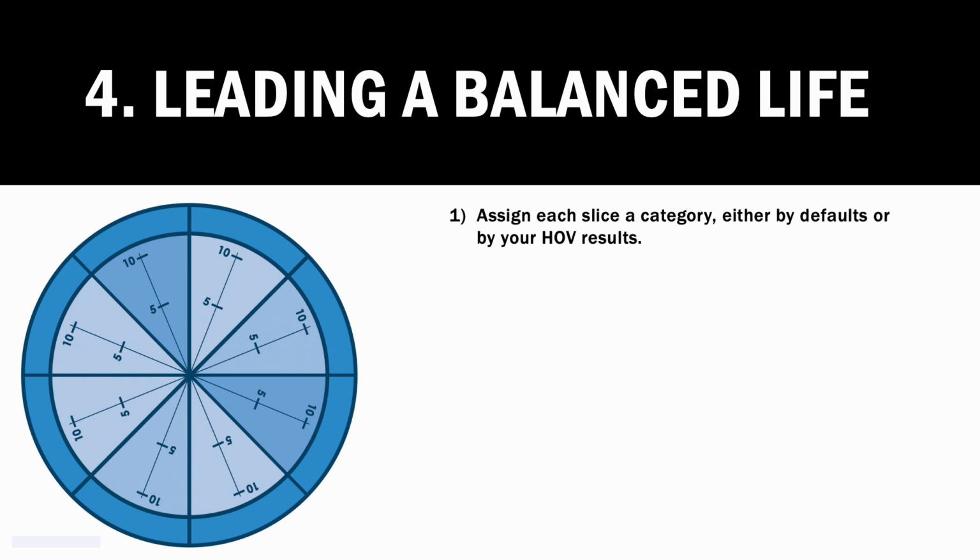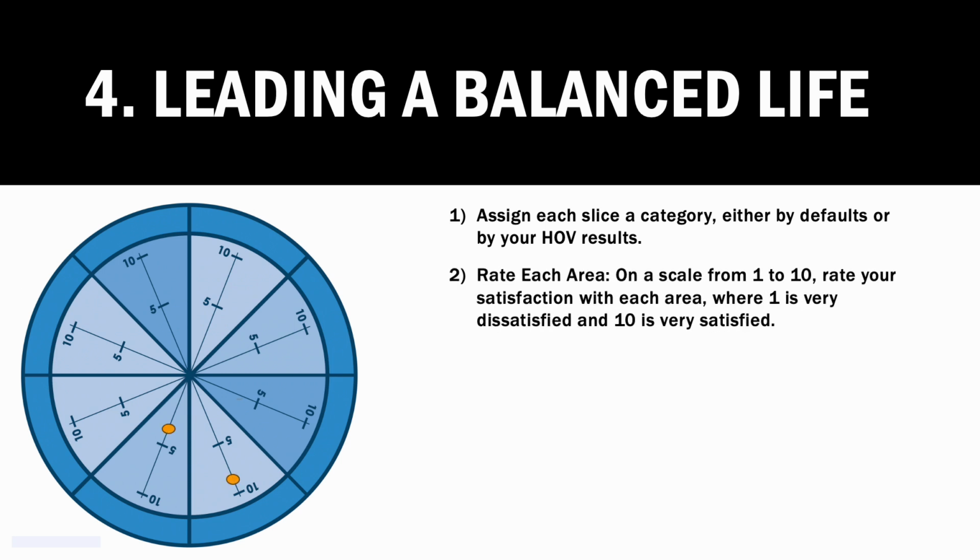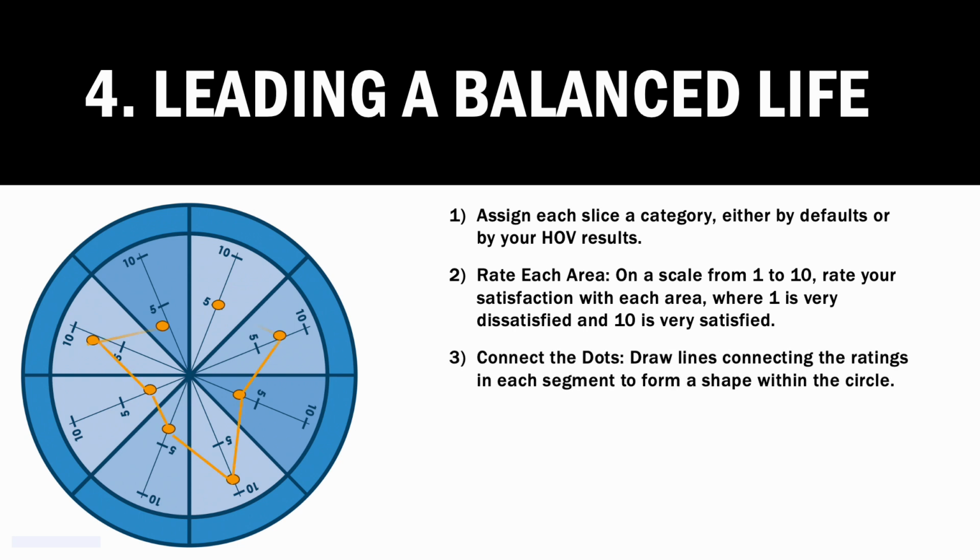So basically what you do, you'll see there's 8 slices, like 8 slices of pizza, and you assign a category to each one, and then you rate each category by your level of satisfaction. You can see the yellow dots I filled in there for illustration purposes, and then next you connect the dots, and you see what kind of shape you make.